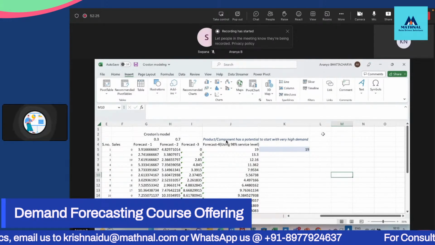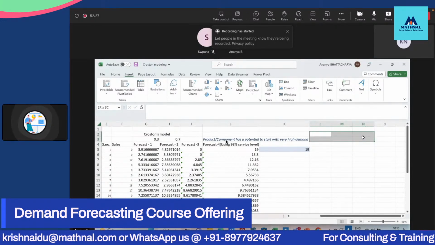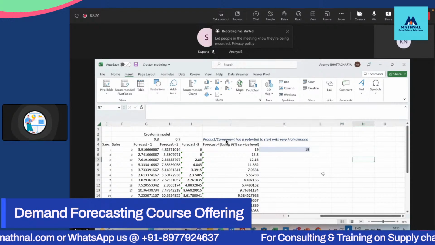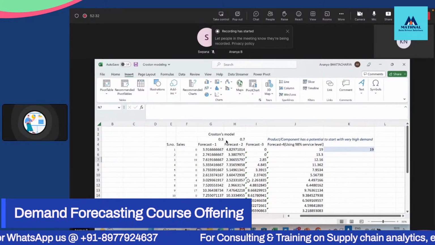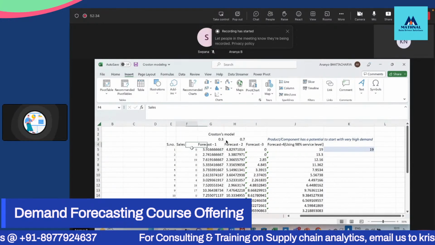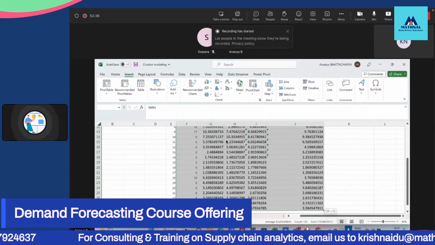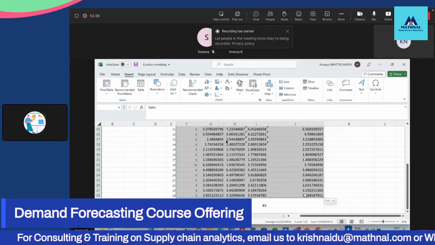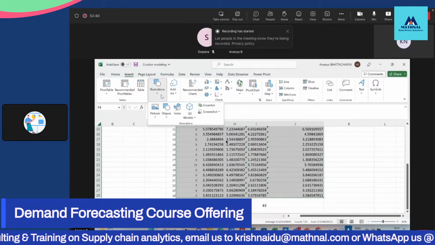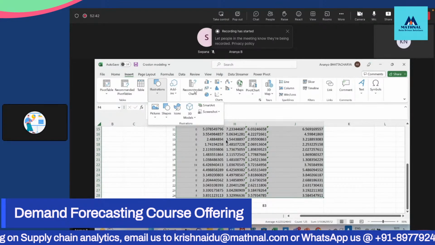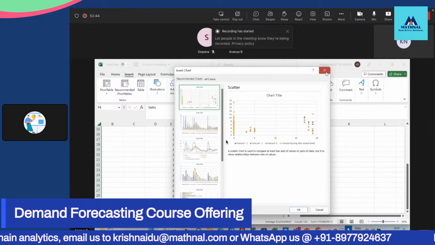Before that, can we make a plot between sales and forecast 1, sales and forecast 2, sales and forecast 3, sales and forecast 4? Just choose all together and make a line chart.